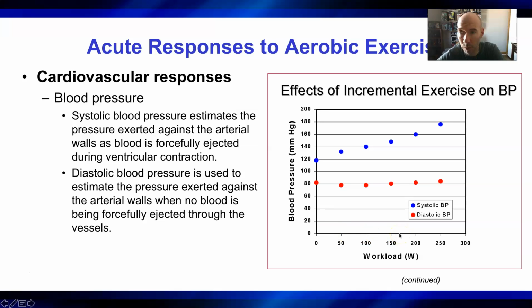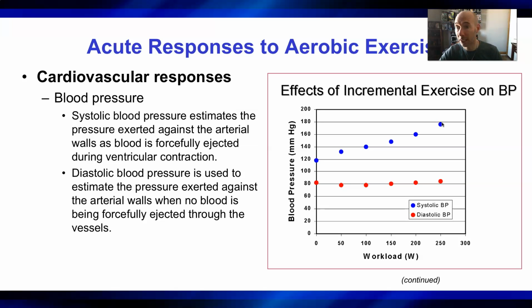Now, on the other hand, with the systolic pressure, we're going to go back to that word linear, and we see that there should be a linear increase in the systolic pressure as a function of exercise intensity. So the higher the intensity, the higher the systolic pressure should go, up until, again, we reach our max capacity, and that will be like your maximal systolic blood pressure.